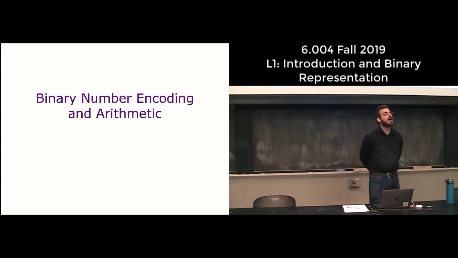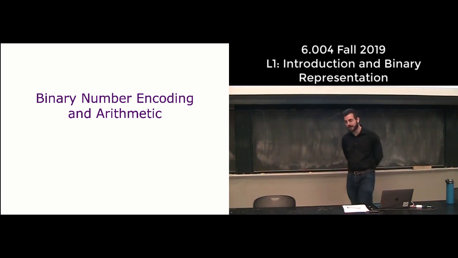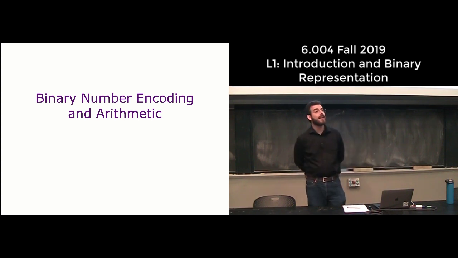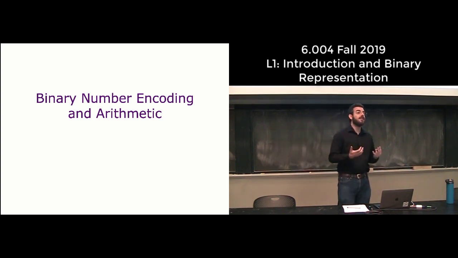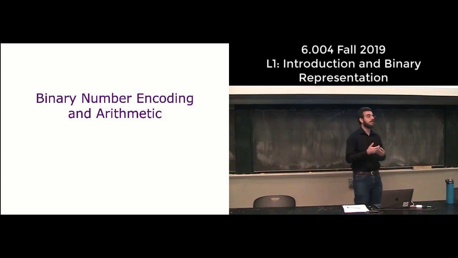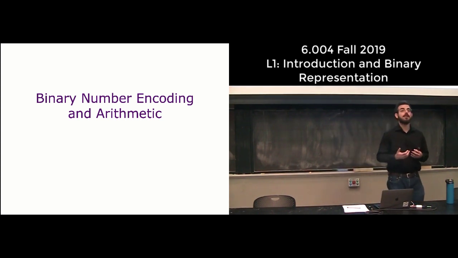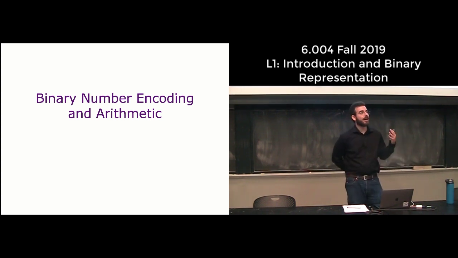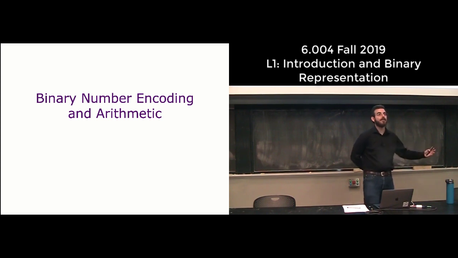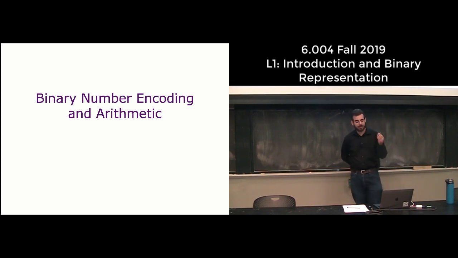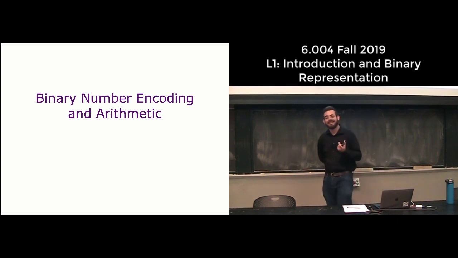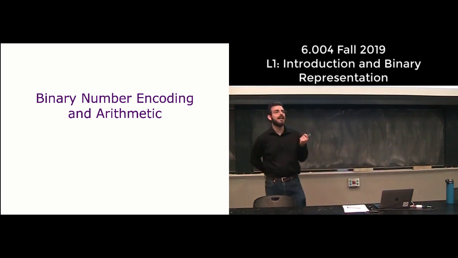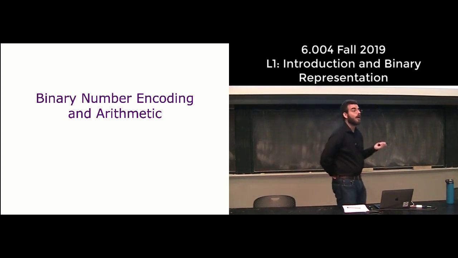We'll figure out how to encode numbers in binary, and not only that, how to do so in a way that makes performing operations such as addition and subtraction efficient. This gives us the necessary background to then, in the next lecture, dive into assembly language. Coming out of this lecture, we'll have a good idea of what it means to say that a computer stores numbers using ones and zeros.